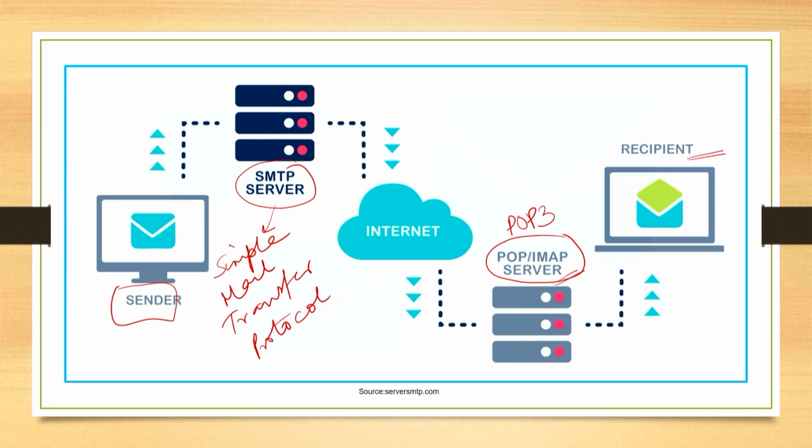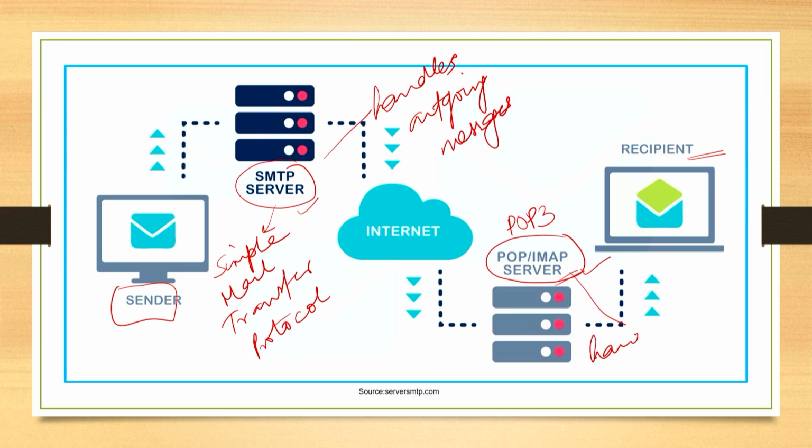So in short, we can say that there are two types of mail servers, that is the SMTP and the POP3 or IMAP server. SMTP handles outgoing messages, whereas POP3 handles incoming messages.